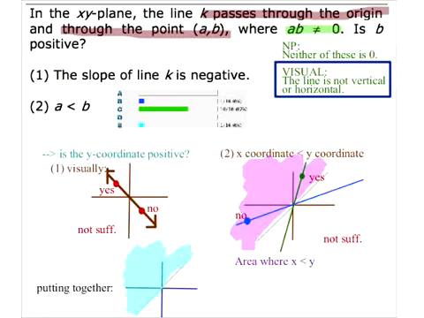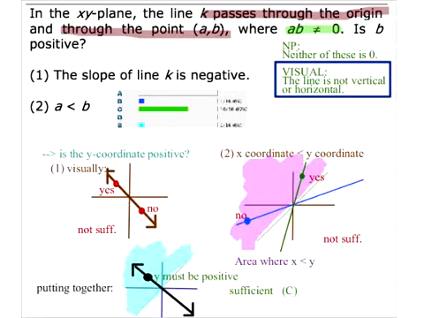So if you combine those things, then your point's got to be in this quadrant right here. So that's enough to guarantee that the y-coordinate must be positive. Any questions about that? If you have questions about that, that's sufficient. So the answer is C. Questions about that, please type them in the box.